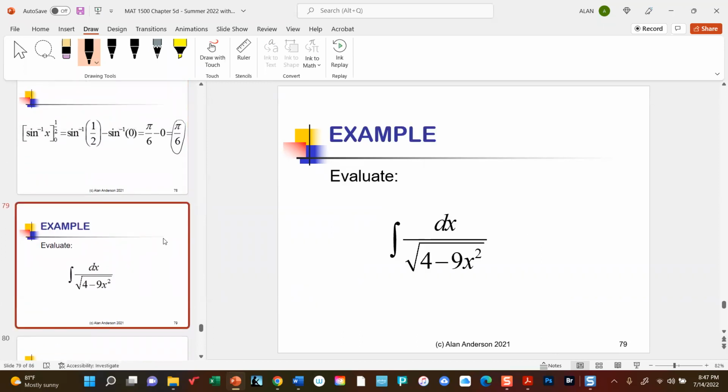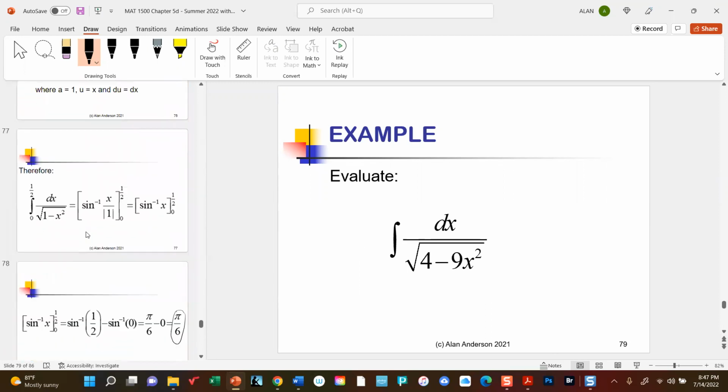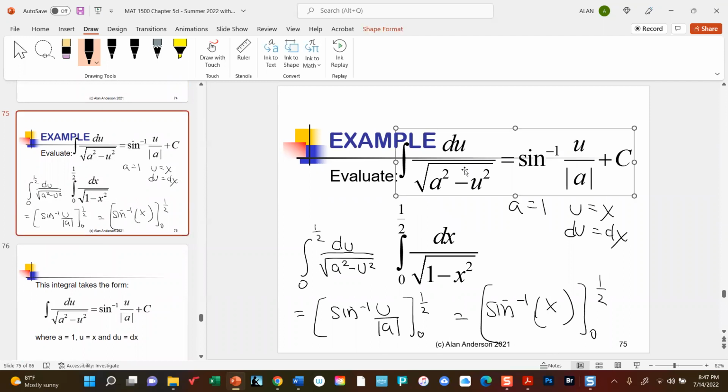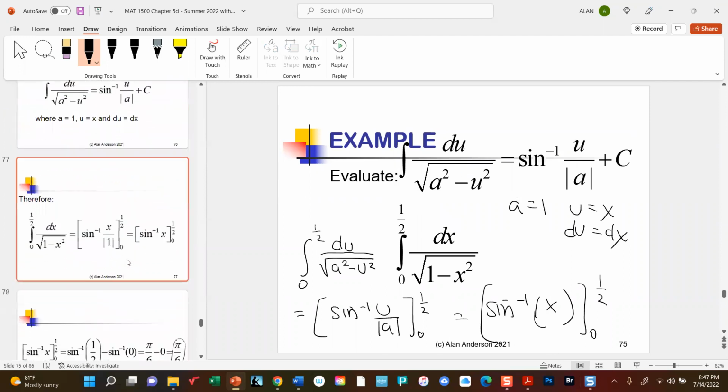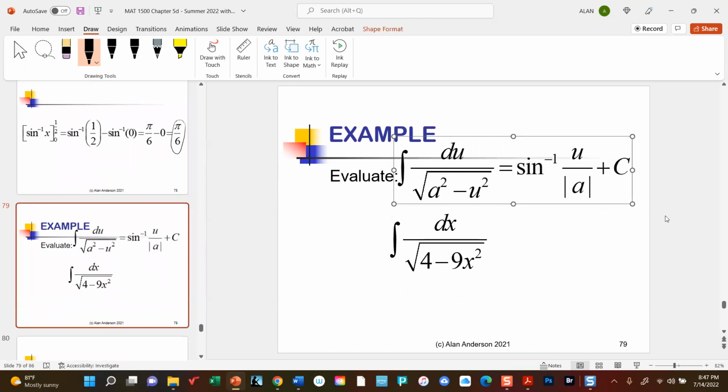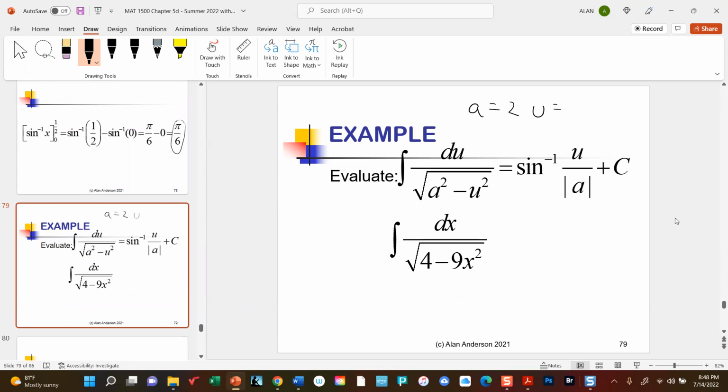Now look at this one. Does it look familiar? Yes. Well, it looks very familiar because it looks like this one. As long as you recognize that a is 2 and u is 3x. Now, here we don't have that. We'll need to supply it.